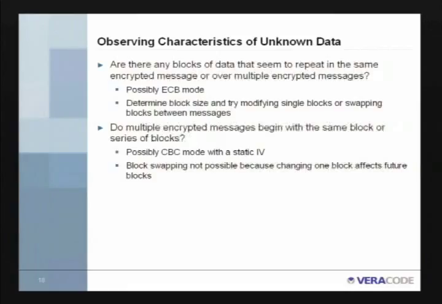Do multiple encrypted messages begin with the same block or series of blocks? A lot of times when you're using a secure mode such as CBC, you'll have a top-heavy looking token where the first couple of blocks are the same across multiple tokens, but then after that it diverges and everything else changes. If you remember, the reason behind that is if you change one bit or byte of plaintext, that affects all the ciphertext after it.